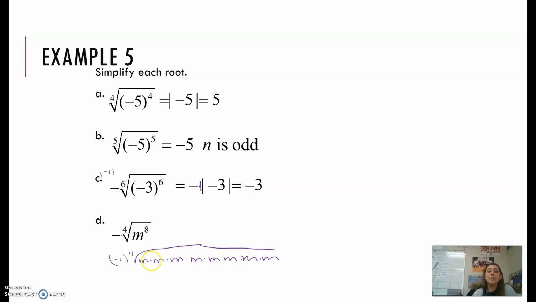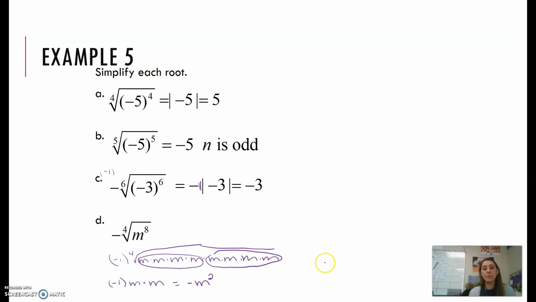So I need to look for groups of 4, because this tells me that I need to look for groups of 4. So I have one group here, I have one group here. So I'm going to pull 1 out, so I have an m. So I have negative 1 times m times m, right? Because there's one group of m's, one group of m's. So then we end up with negative m squared. That is one way to think about it.